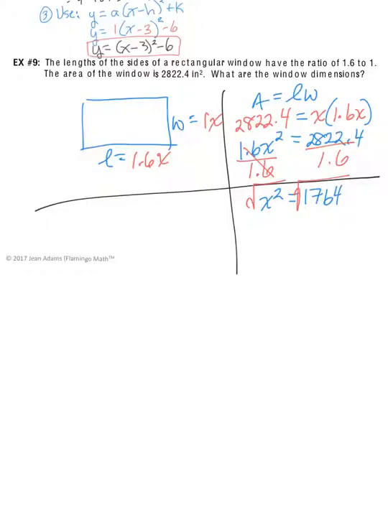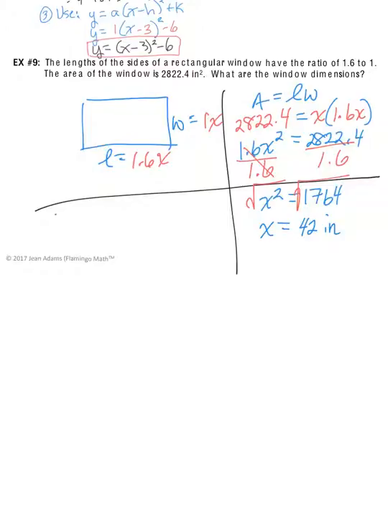That's not realistic. So we are going to ignore the negative value that we should get here because we'd throw it out anyway. So the square root of x squared is x. The square root of 1764 is exactly 42. And then this is in inches.